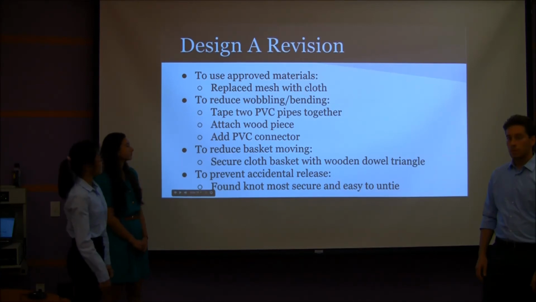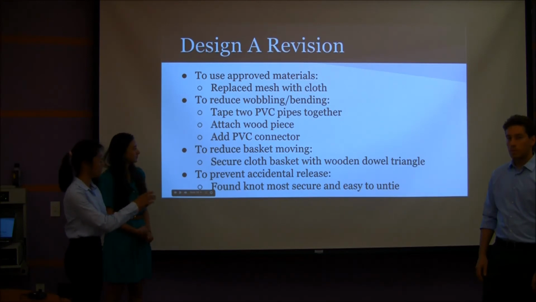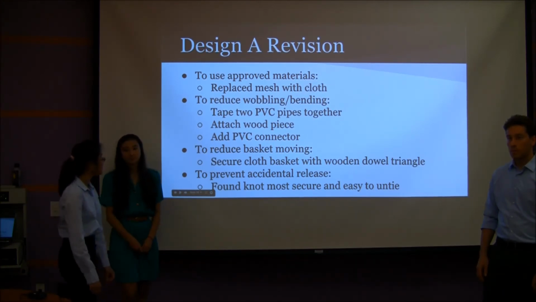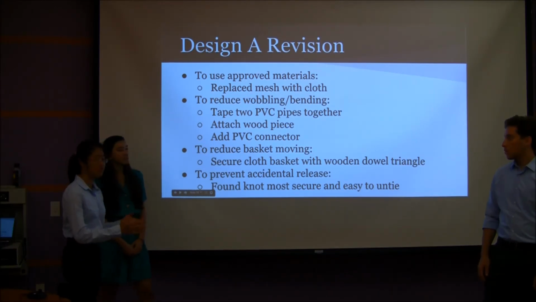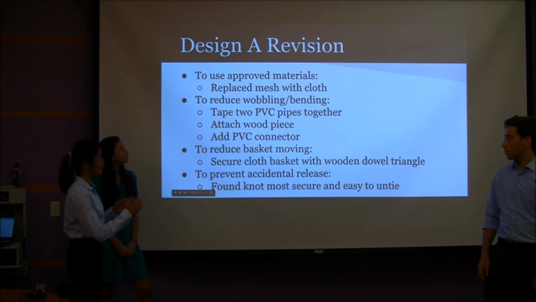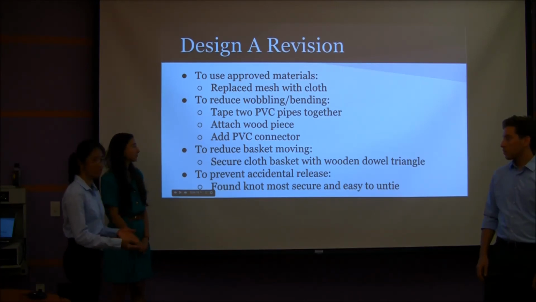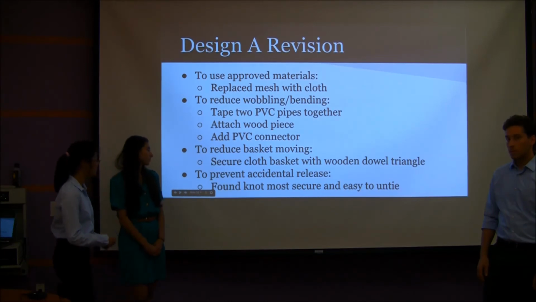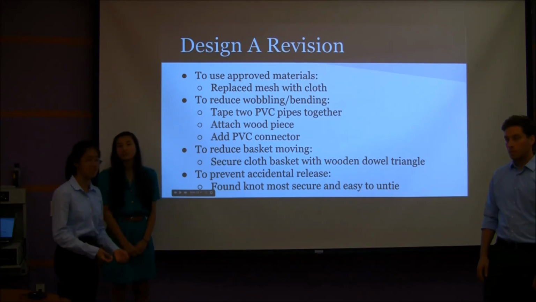We also noticed that there was some wobbling when we pulled on the string, so we added a PVC connector that also added more stability. Thirdly, to prevent the basket from moving too much, we added a triangle using wooden dowels to secure the cloth basket. Finally, to prevent the egg from being accidentally released, we found a knot that was secure but also easy to untie.